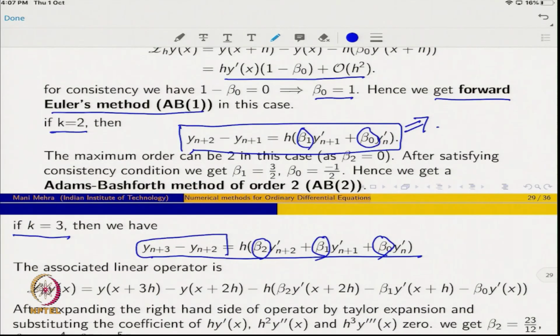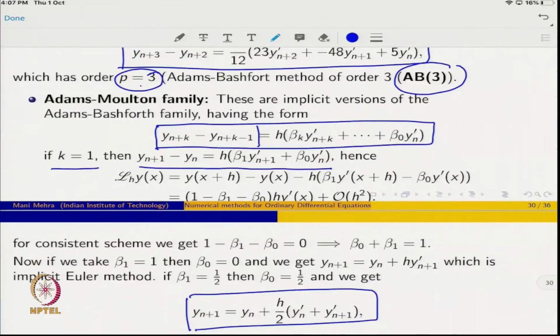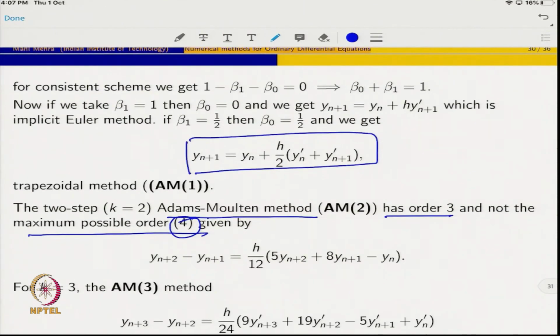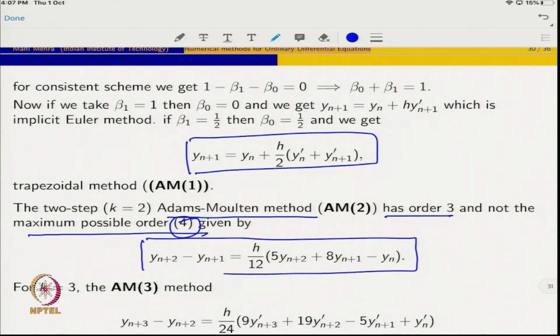But in this case we are getting order 3, not the maximum possible order 4, and the difference equation is given by the following formula. Again, this is a two-step Adams-Moulton method.